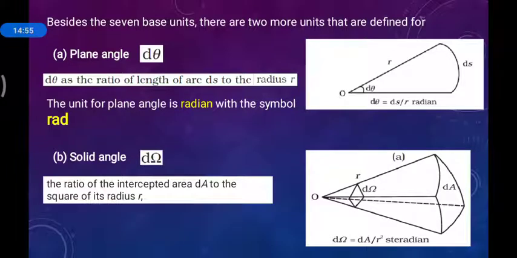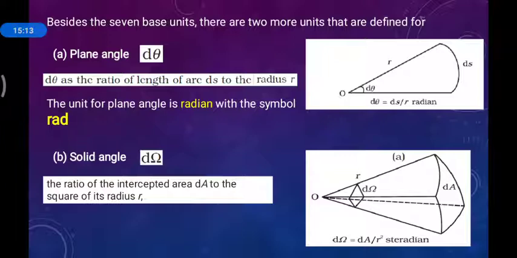Both plane angle and solid angle are dimensionless quantities. dA is in meter square and r square is also meter square, so the meter square cancels out and it becomes dimensionless.